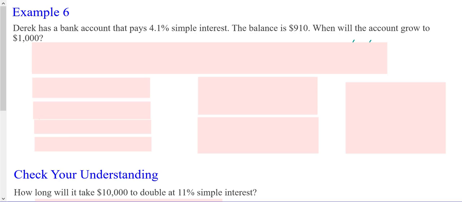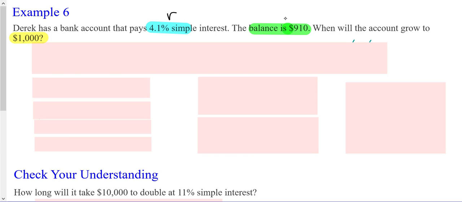So in this example, Derek has a bank account that pays 4.1% simple interest. The balance is $910, and we want to know when the account will grow to $1,000. So you have to kind of think about this one. Well, this is obviously the rate.